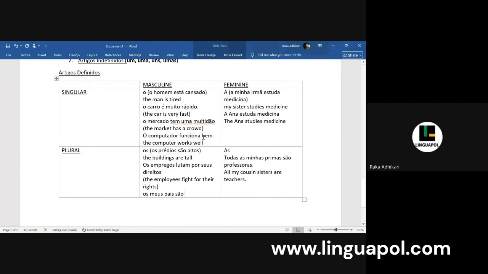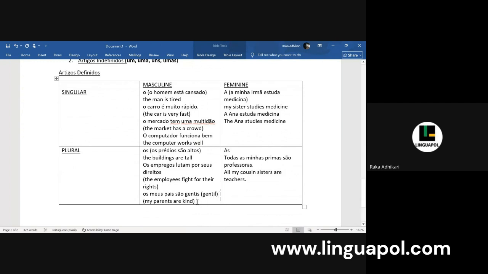Ok, let's say os meus pais são gentis. My parents are kind. The actual word is gentil, and in plural we make it gentis. Gentil means kind, or in European Portuguese we'll say gentil, and in Brazilian we'll say gentil.